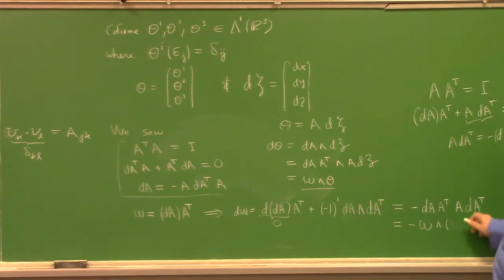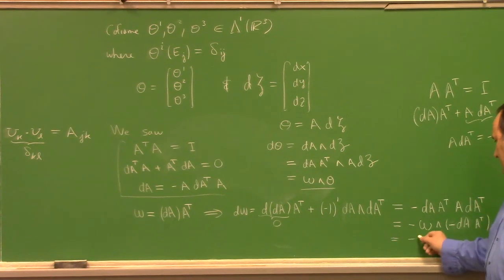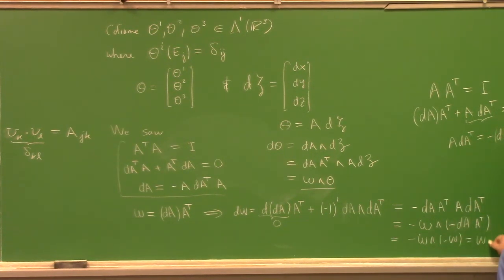So I can trade A dA transpose for minus dA A transpose, but dA A transpose is omega again, so we get minus omega wedge minus omega, which is omega wedge omega. There you go. This is Cartan's second structure equation. So there's Cartan's two structure equations, right? d theta is omega wedge theta, and d omega is omega wedge omega.